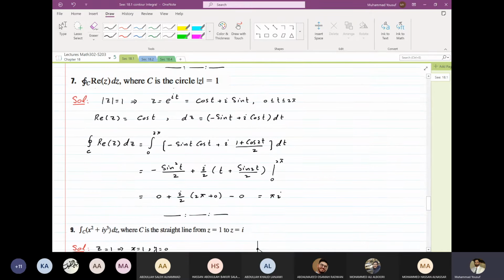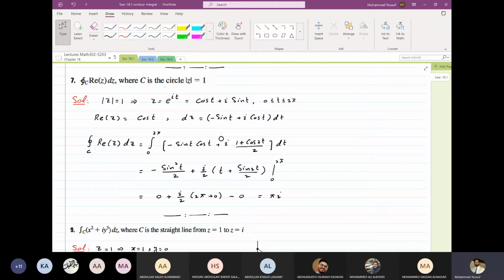Another question is number 7. We have to integrate real part of z dz, and z is a circle of radius 1, and a circle of radius 1 is written as z equal to e to the power it, because e to the power it is cosine t plus i sine t, and the magnitude of this is 1, and for the circle t will be 0 to 2 pi.